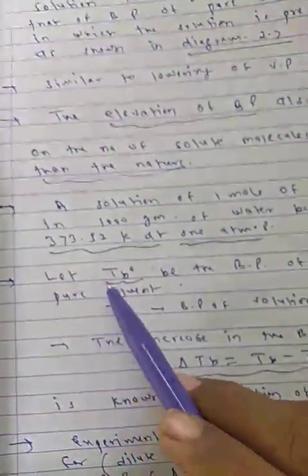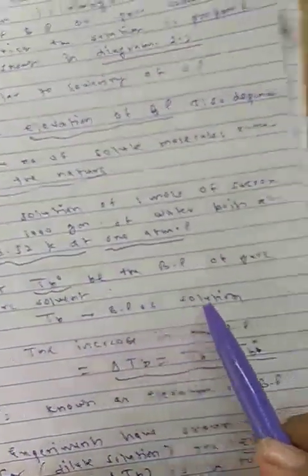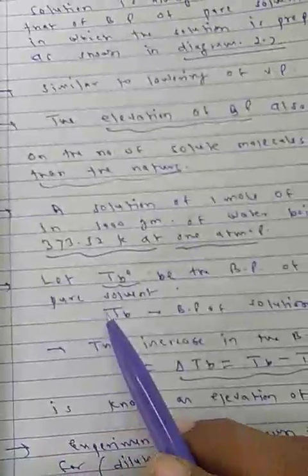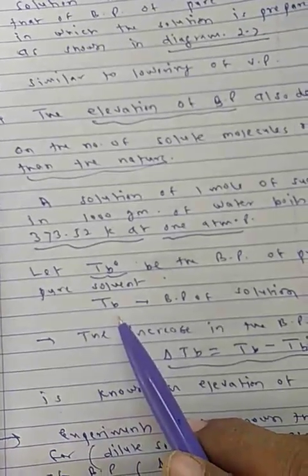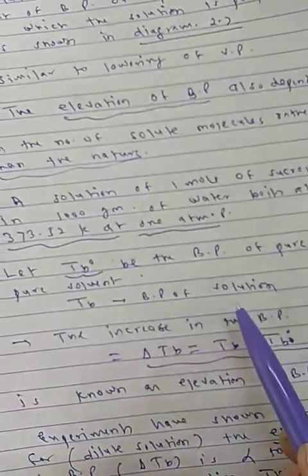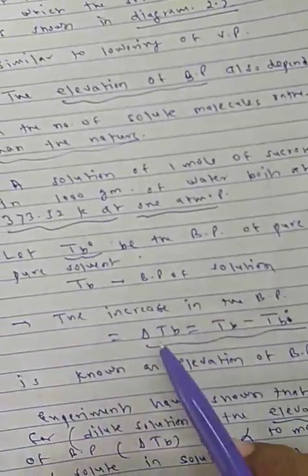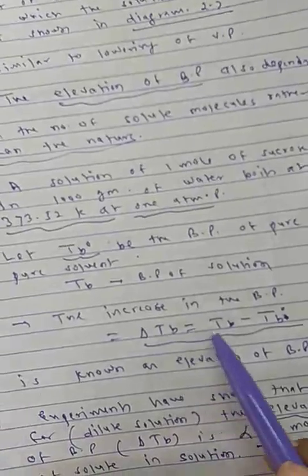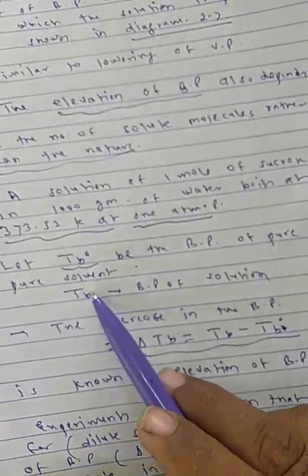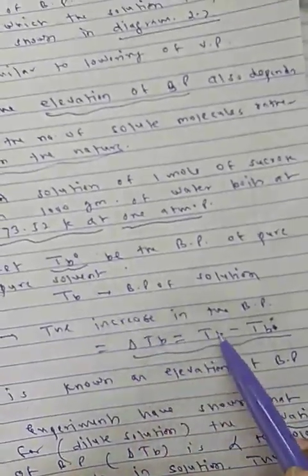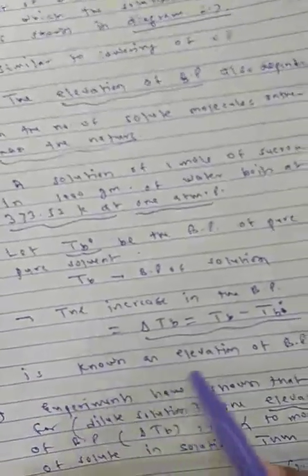So let Tb0 be the boiling point of pure solvent and Tb the boiling point of solution. Then the increase in the boiling point is delta Tb, that is, from the solution we subtract the solvent. This relation is known as the elevation of boiling point.